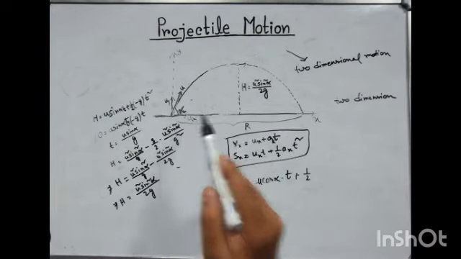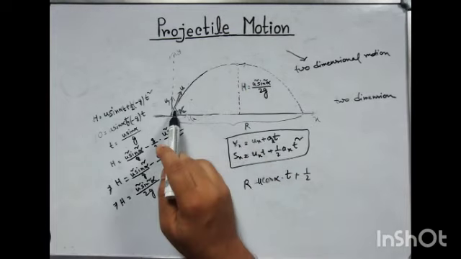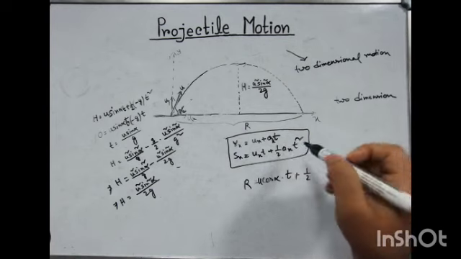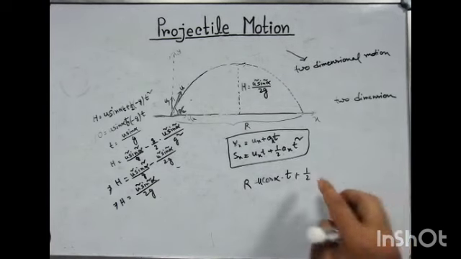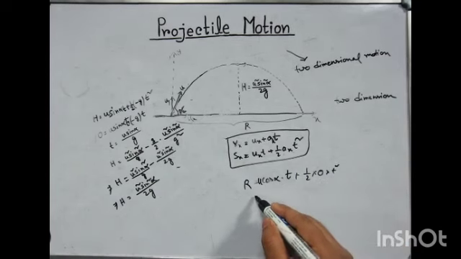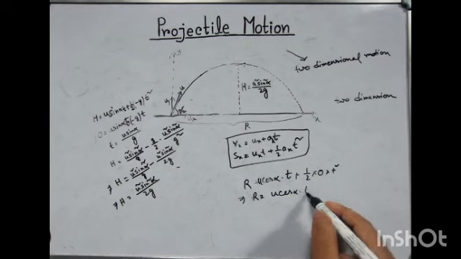The only force on the ball is gravity, so along this direction there is no acceleration, so ax is equal to 0. So this will be 0 into t square, so r equal to u cos alpha into t.